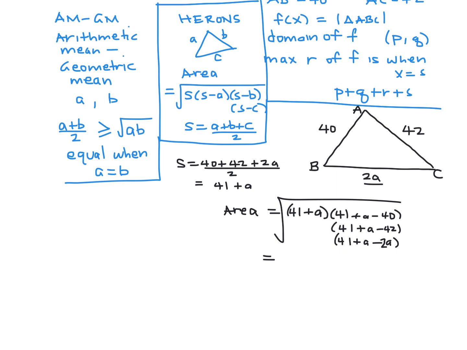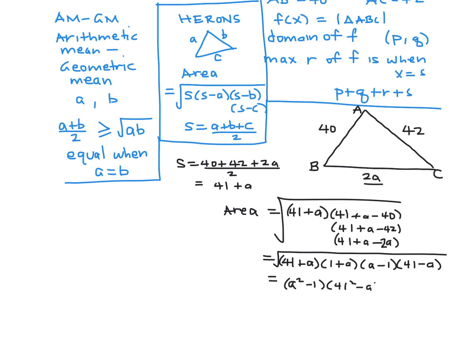So that is 41 plus A times 1 plus A times A minus 1 times 41 minus A, all under the square root sign. And that looks to me like A squared minus 1 times 41 squared minus A squared, all under the square root sign.